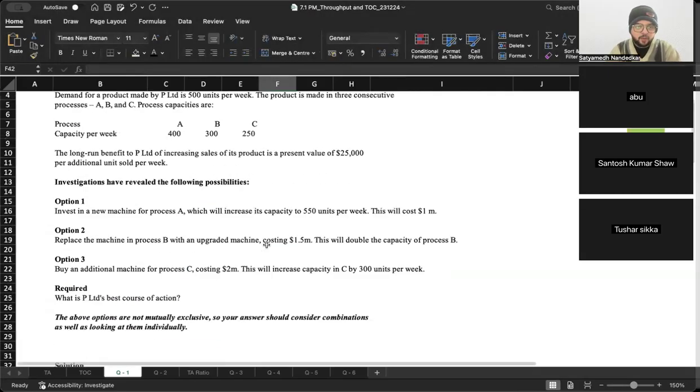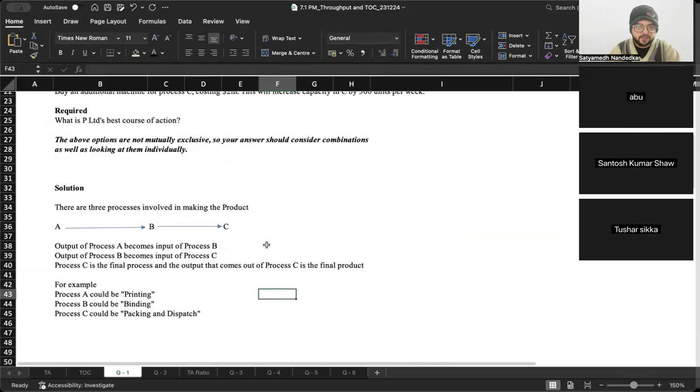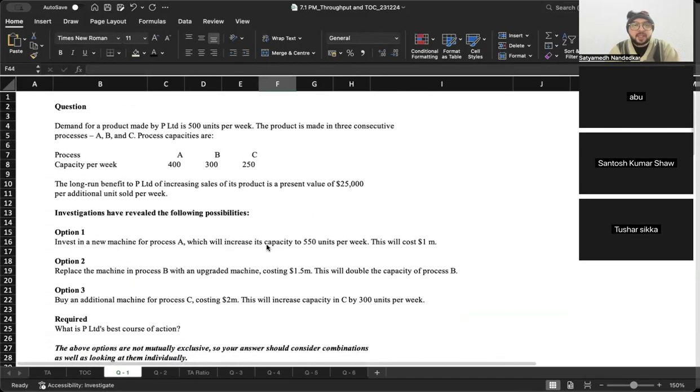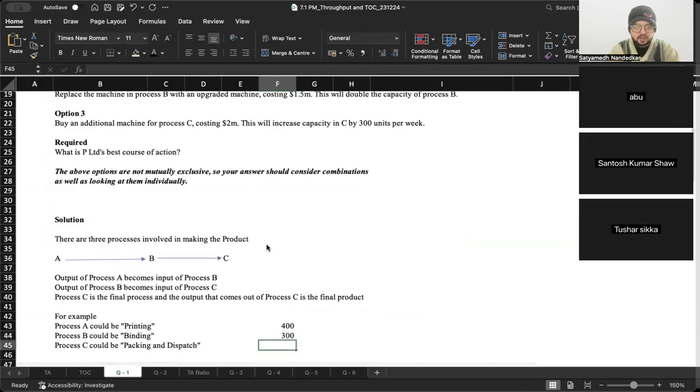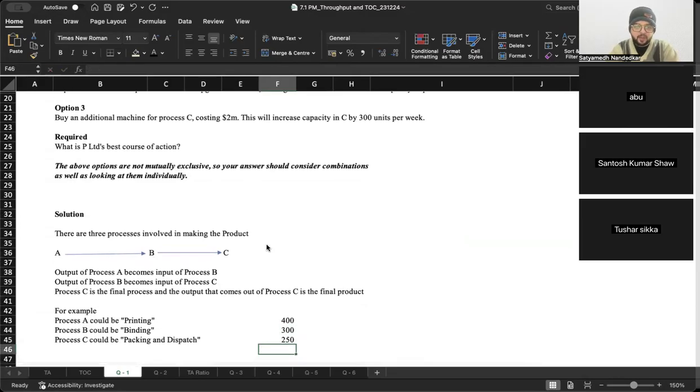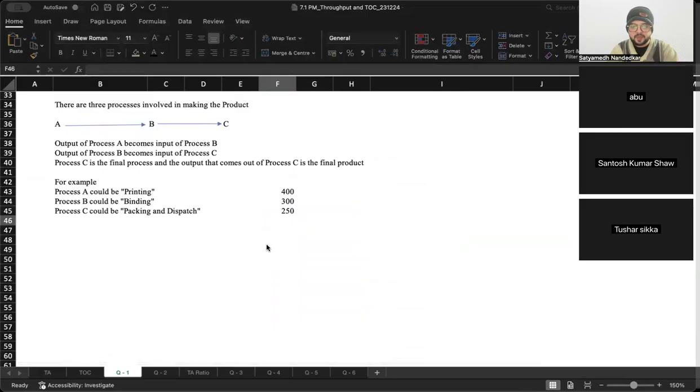So A makes how many units? 400 units. B makes how many units? 300 units. And C makes how many units? 250 units.